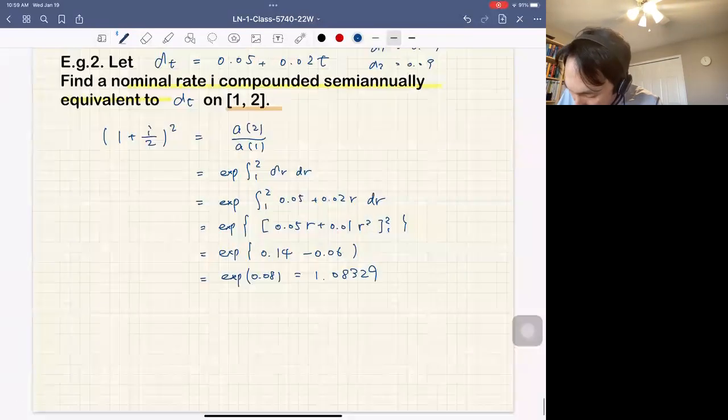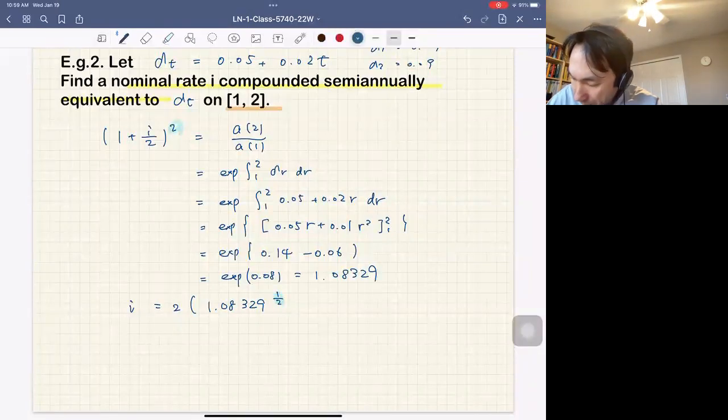So i is equal to 2 times (1.08329 to the half power minus 1). You take the half power on both sides, then minus 1 and times 2. Right?